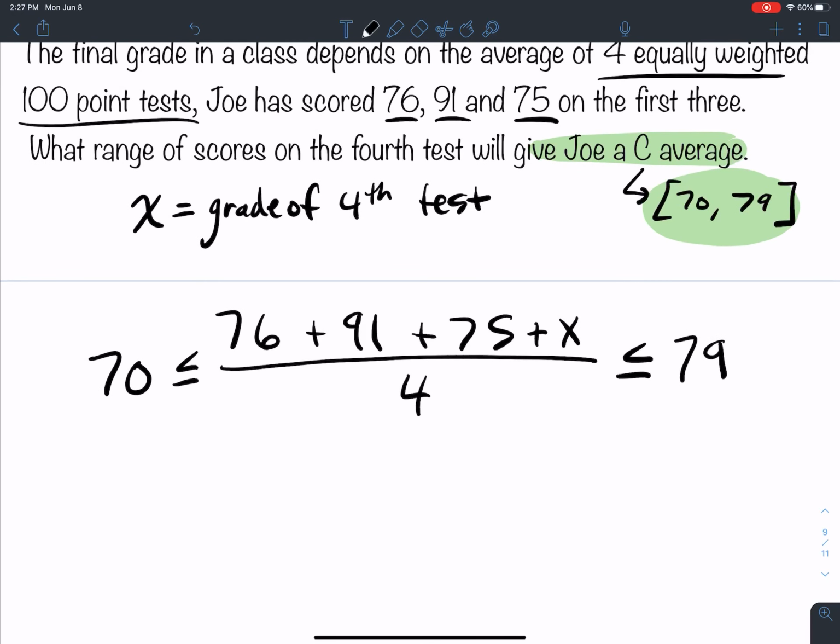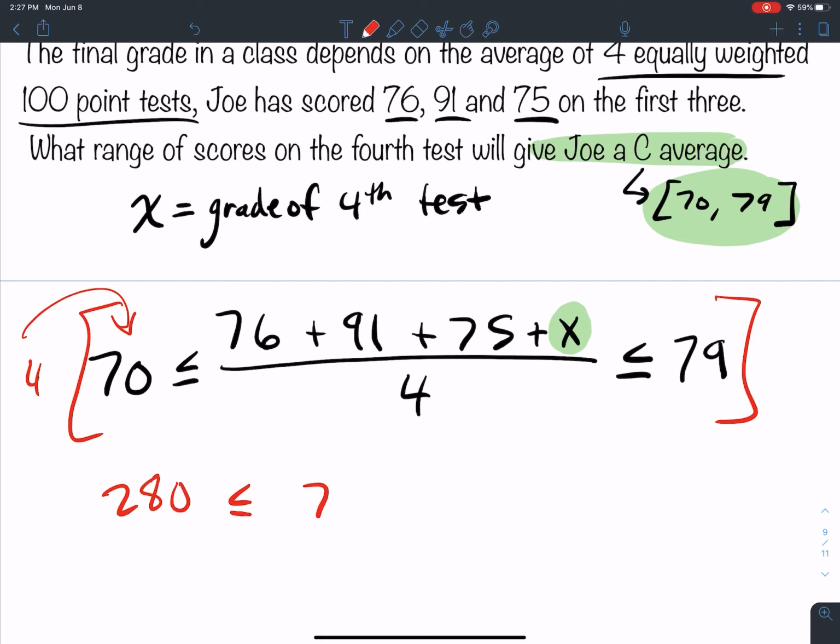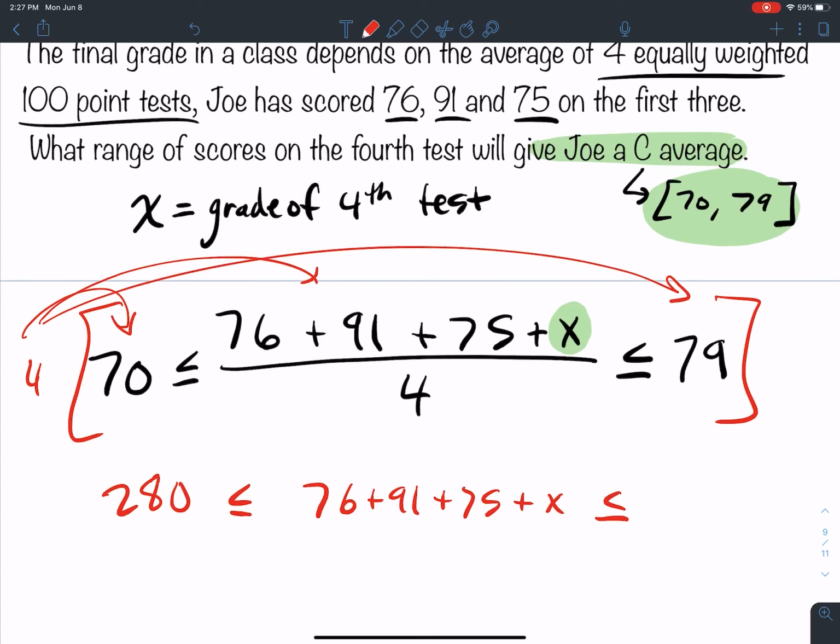So what am I going to do to solve this? Well, I need to get x by itself. First thing I'm going to do is multiply everything by 4. If I multiply everything by 4, this gets me 280 less than or equal to 76 plus 91 plus 75 plus x less than or equal to... Why did the 4 go away? The 4 is canceled, right? Okay. And then 79 times 4, that's 316.